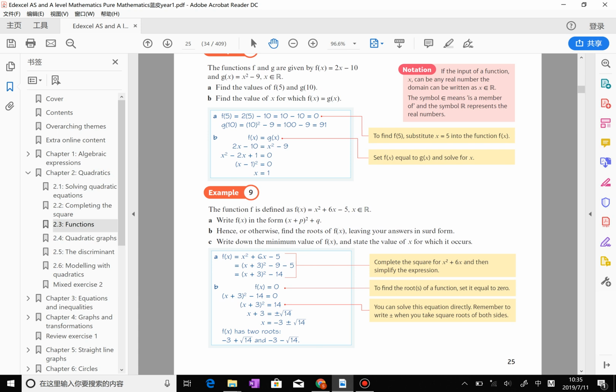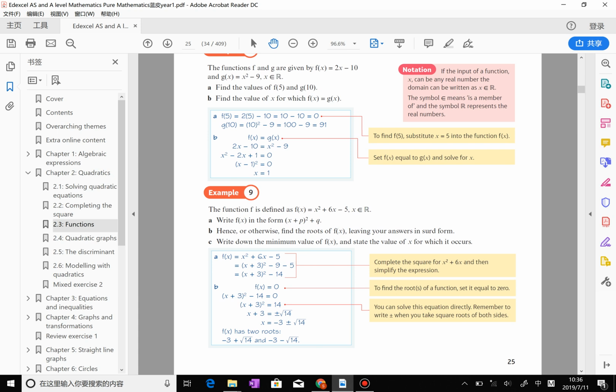This is completing the square, so we can easily complete it. We have the answer (x plus 3) squared minus 14. Let's look at B. Hence or otherwise find the roots of f(x), leaving your answers in surd form. In order to find the roots, we need to set f(x) equals 0, so that we have the equation (x plus 3) squared minus 14 equals 0, so (x plus 3) squared equals 14.